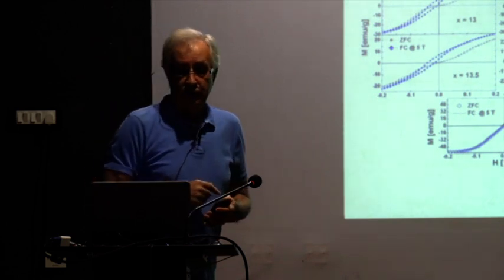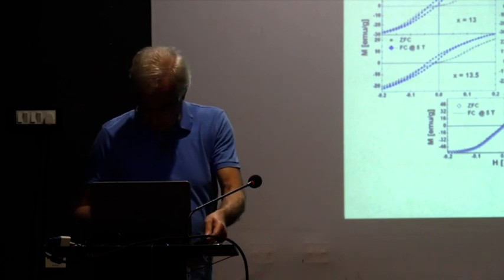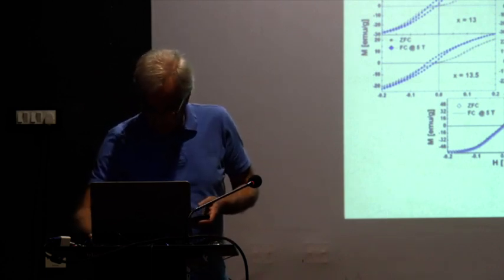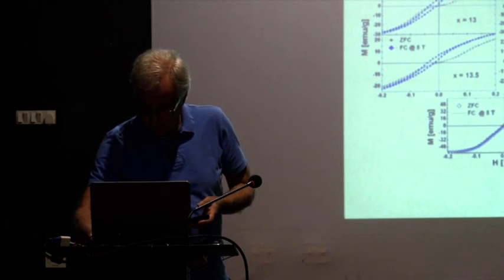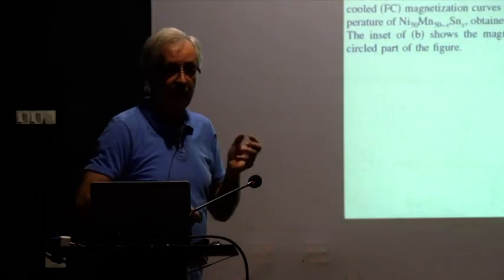These kinds of measurements tell us that in our Heusler systems, where we have various kinds of magnetization curves over here, the states at low temperatures do indeed incorporate an antiferromagnetic part.